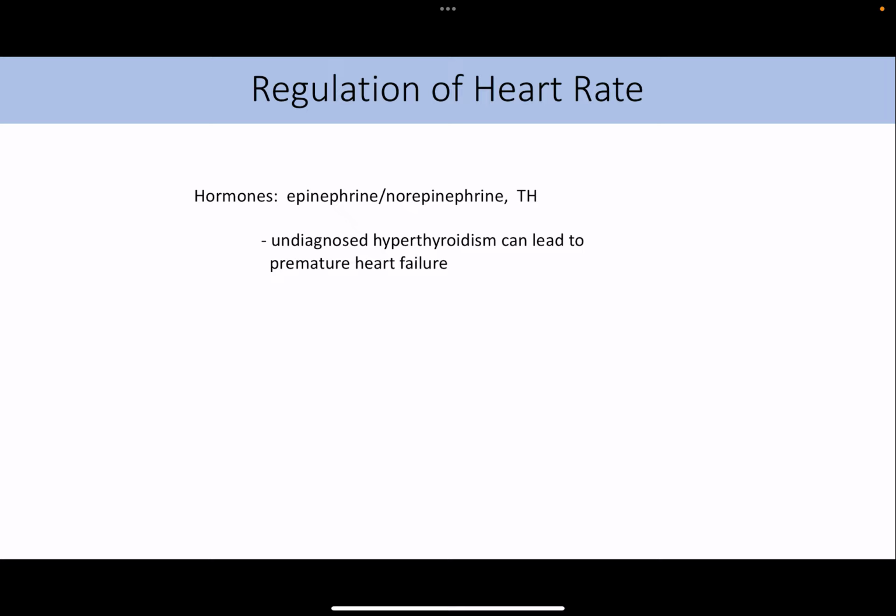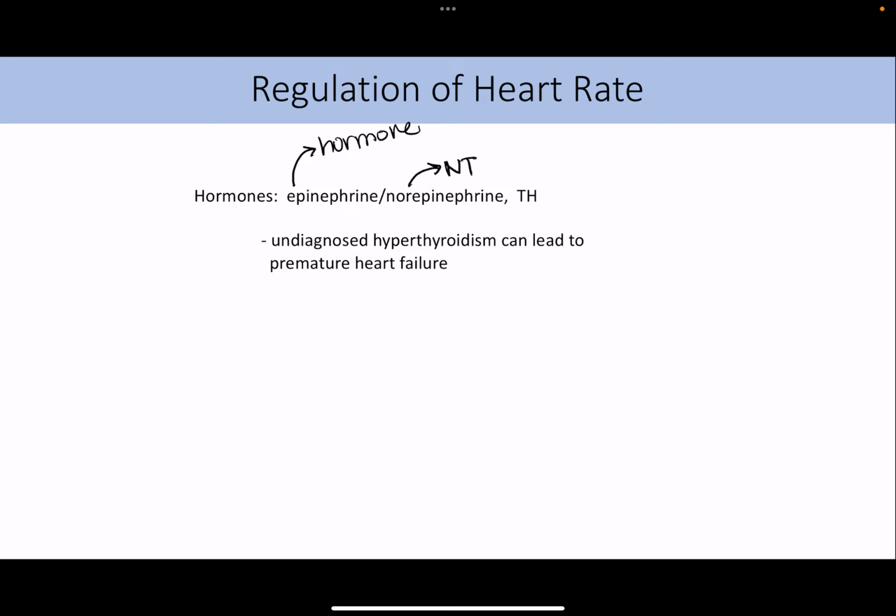So we already know that epinephrine and norepinephrine can speed up the heart and can make it contract more forcefully. Thyroid hormone does that as well. It acts on the heart to increase metabolism and heat. And the more hot cells are, the faster they work as well.